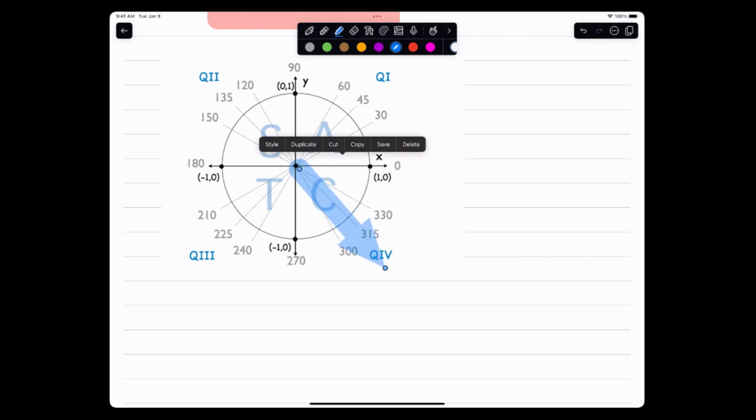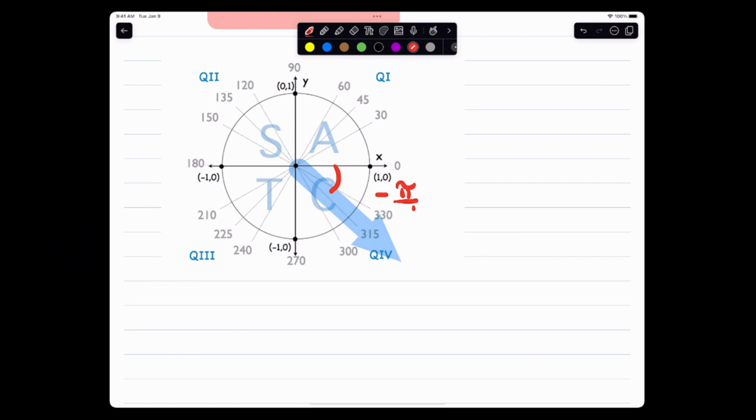So if I said to you guys here, this is that angle. If you looked at it this way, if you said that solution by the TI is the angle negative pi over 4. Is that right? However, you just found as a positive angle that that's really what? 7 pi over 4. Is that true?